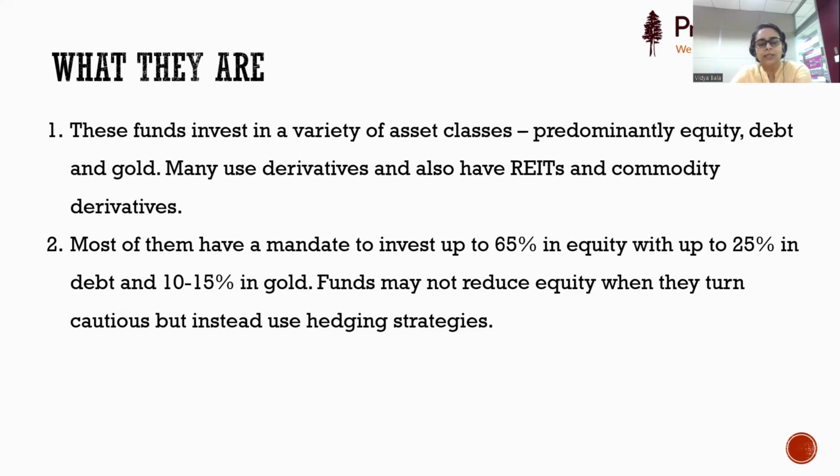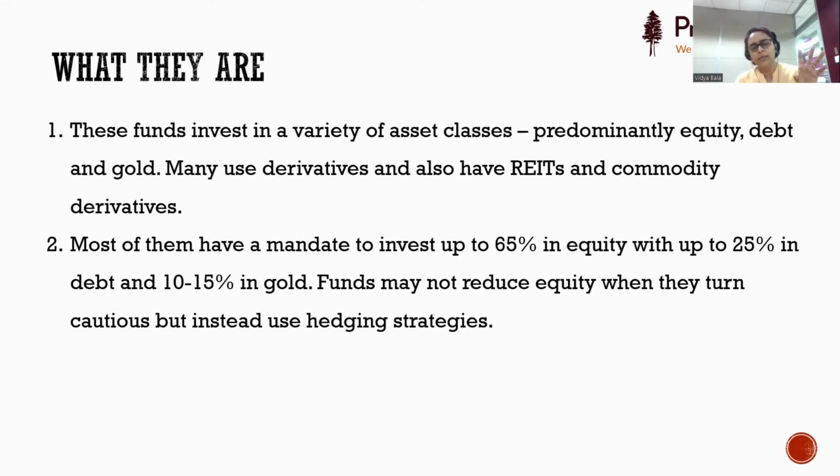So this basically means that most of them try to look like an equity fund. You cannot be sure that they are equity oriented funds because they have the flexibility to move more to debt as well. But most of them try to invest up to 65% gross in equity, around 25% in debt, and around 10 to 15% in gold.